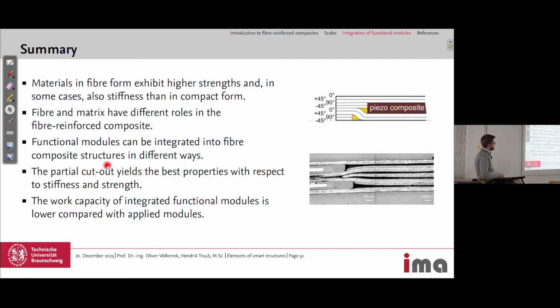We can integrate functional modules in different ways. We looked at 3 different ways, where the partial cutout yields the best properties or the best trade-off with respect to stiffness and strength. Again, the work capacity of integrated modules is lower compared to the one with applied modules, because of the smaller distance to the midplane.